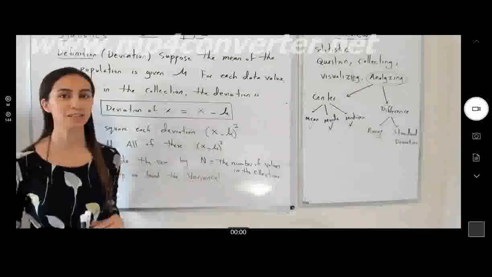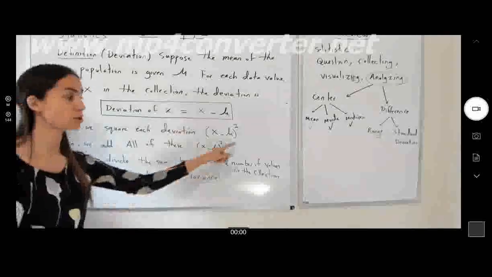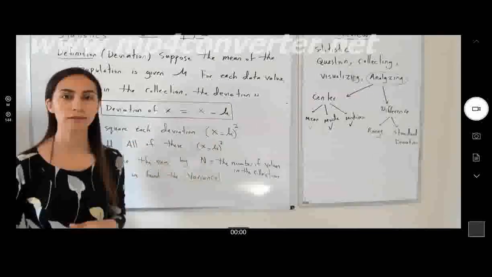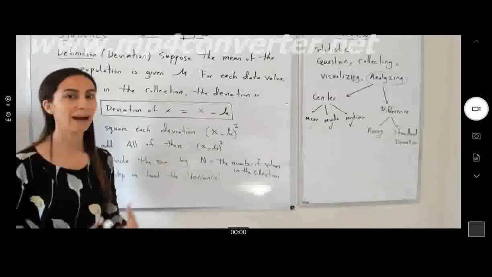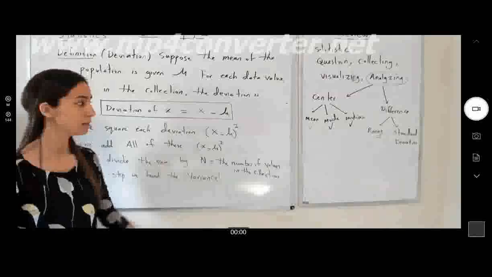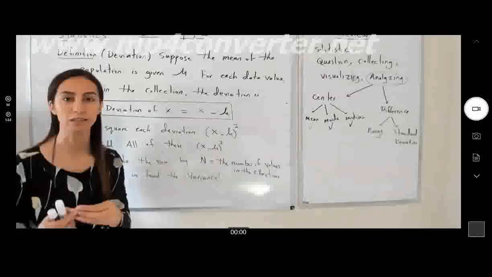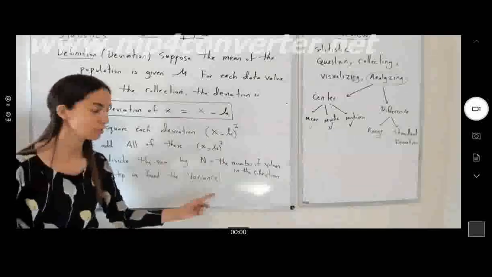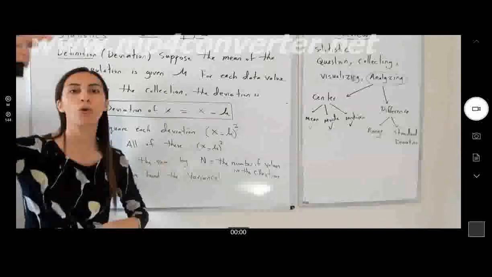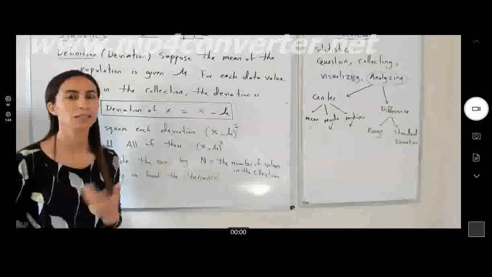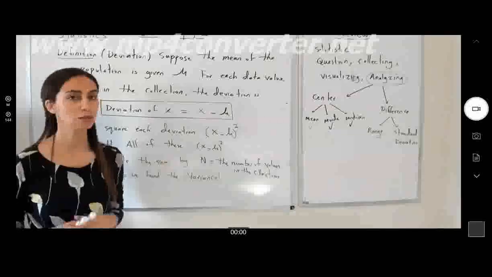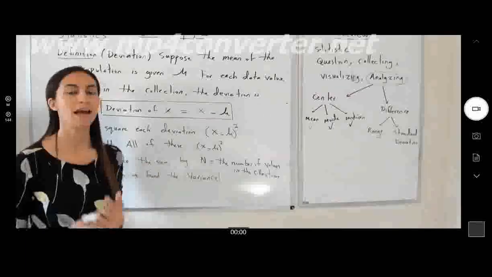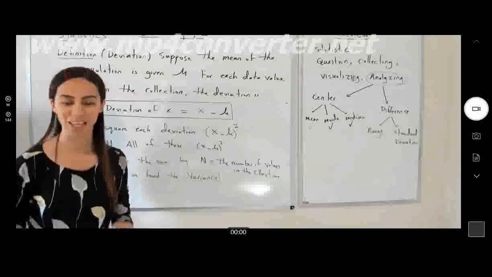You're going to take each salary minus the mean, square it, add all of those squared together, and divide by the total number of values in your collection. Since you squared the salary, it means that if the salary is in dollars, the unit that you get is dollars squared. It doesn't give you anything meaningful. So what we're going to do, we're going to find the square root of variance, and we call it standard deviation.